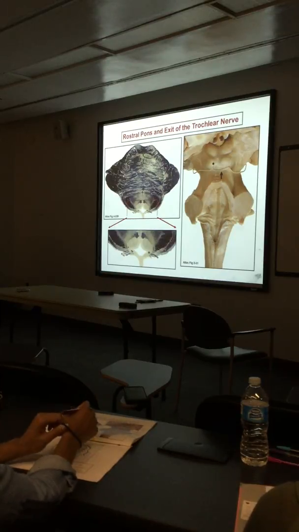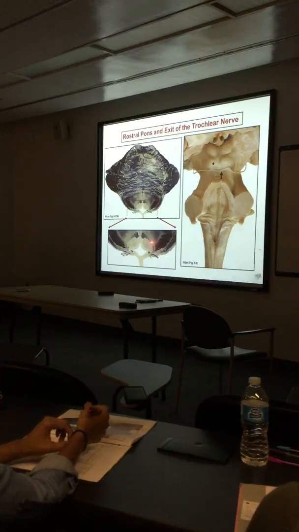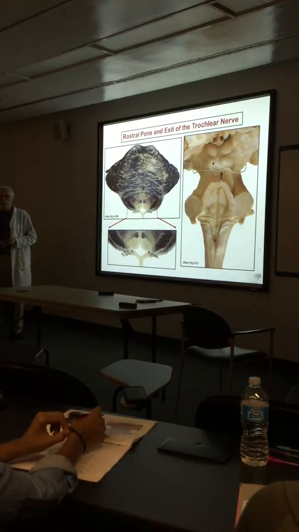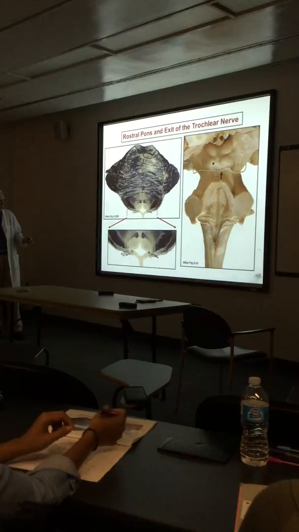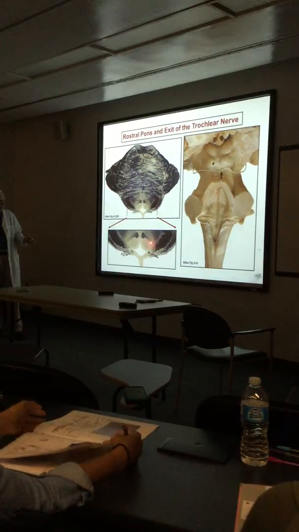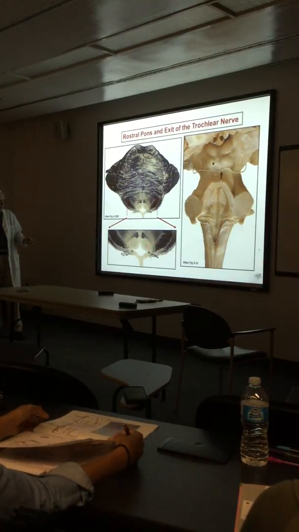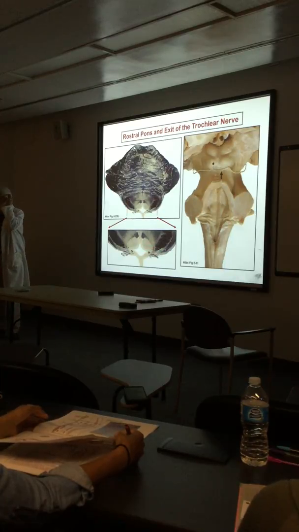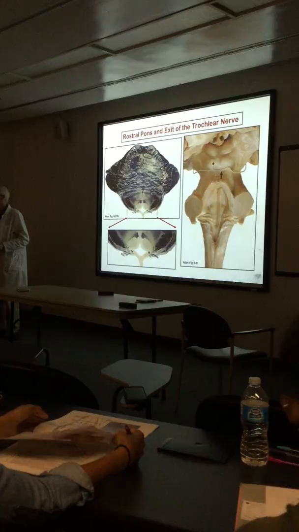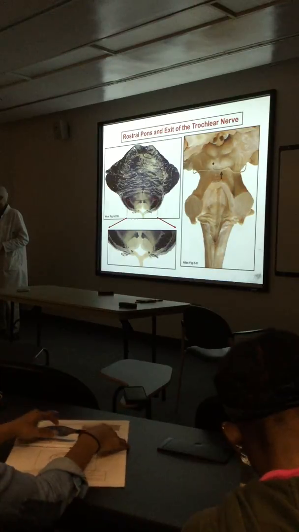Let's see. So the only other cranial nerve nucleus that we would have in this area right here is a real tiny one right here, which is part of the trigeminal system. It is located laterally, right at the interface of the surrounding brain with the periaqueductal gray, and it is called the mesencephalic nucleus of the trigeminal nerve.